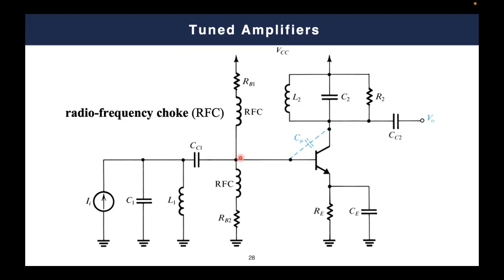All of you know that the equivalent impedance of an inductor is j omega L. So in a DC operation, when omega is equal to 0, the equivalent impedance is 0. That's why we consider this L to be a short circuit in a DC analysis.